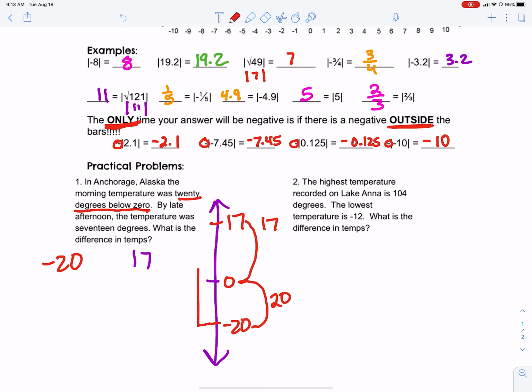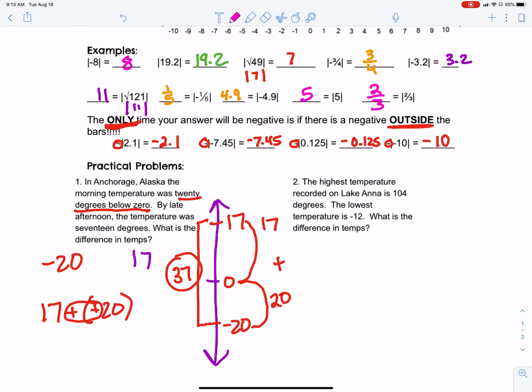So the total difference or distance between those two numbers is 20 plus 17, or 37. And we could think about this as 17 degrees minus -20, which I always taught my kids, minus a negative, circle plus plus. So 20 plus 17 is 37.